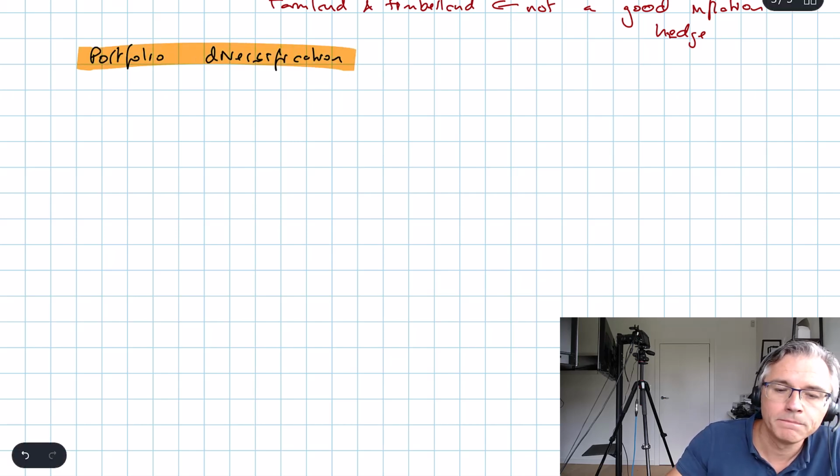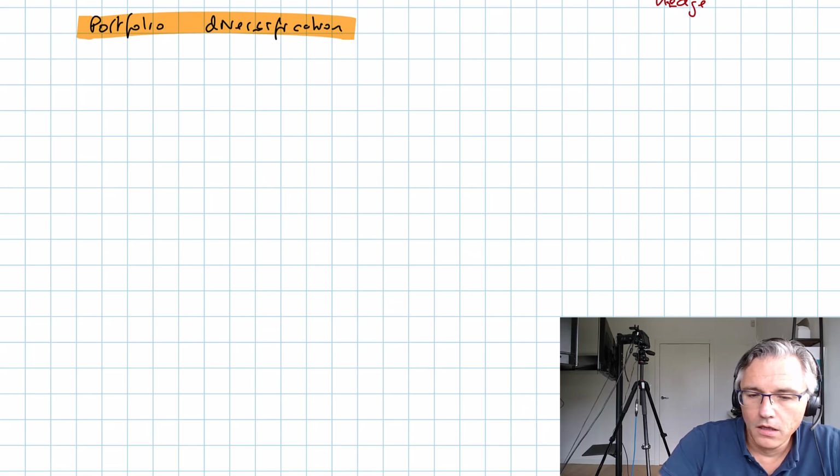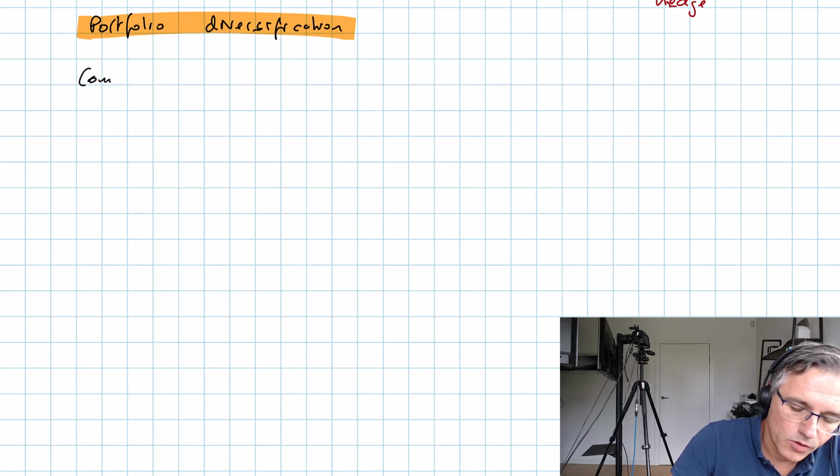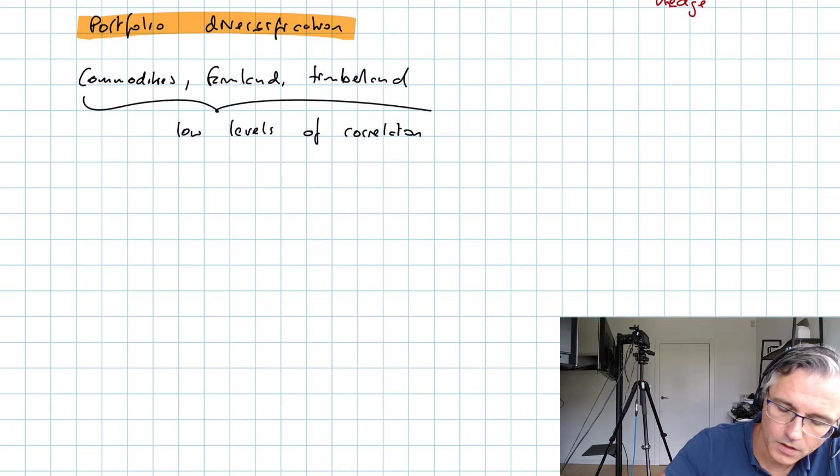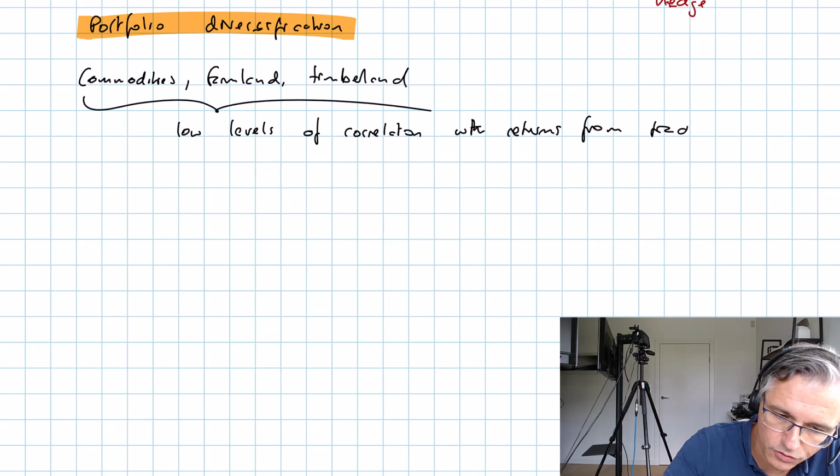Okay, here. All three, so commodities, farmland, timberland, all three have low levels of correlation with returns from traditional asset classes.